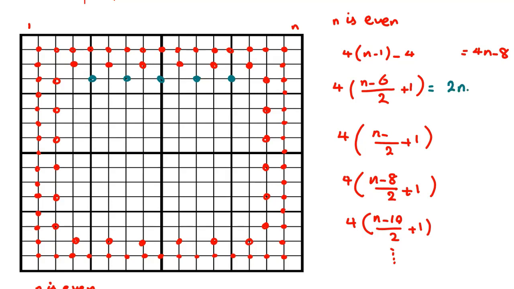It's 2n minus 12 plus 2. It's minus 10. Okay? It is n minus 8. It is 2n minus 16 plus 2. It's minus 14. Okay? Now, let's consider what happens in the last step.